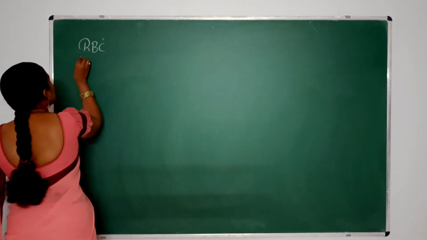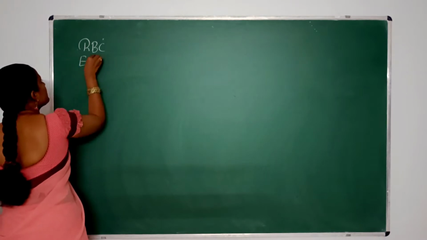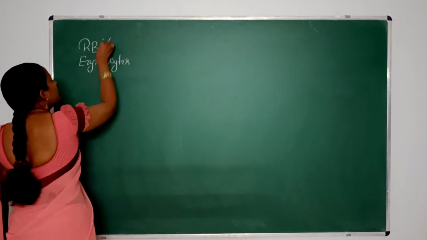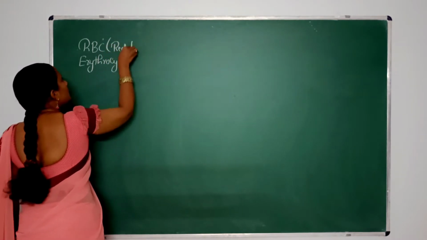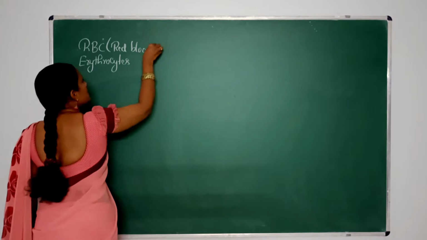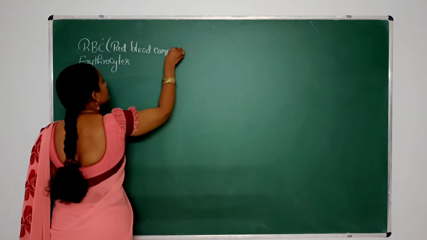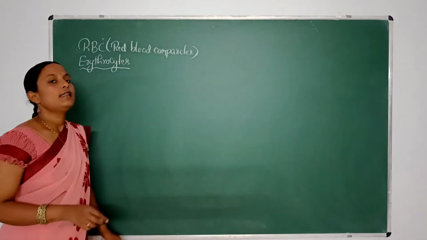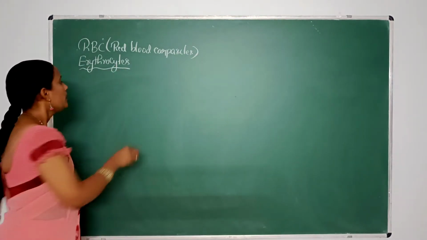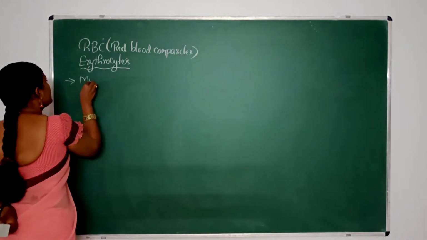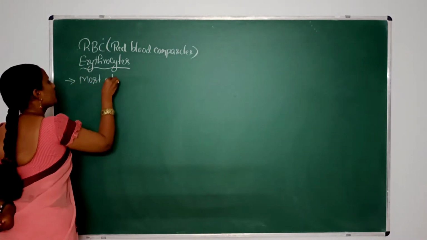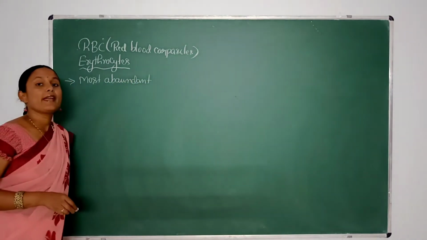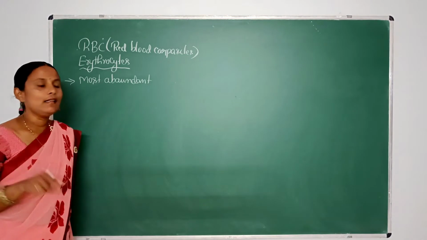Otherwise, they are called erythrocytes. RBC refers to red blood corpuscles. And the erythrocytes are the most abundant formed elements present in the blood.